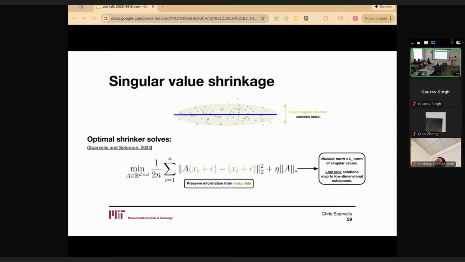So this objective is telling our solution to first preserve as much information as possible from the noisy data. That's the first term. In other words, it should look like the identity function on noisy data. But you also want the solution to have low rank, which means that the solution is going to map inputs onto a low-dimensional subspace, because this is where the clean data lives.